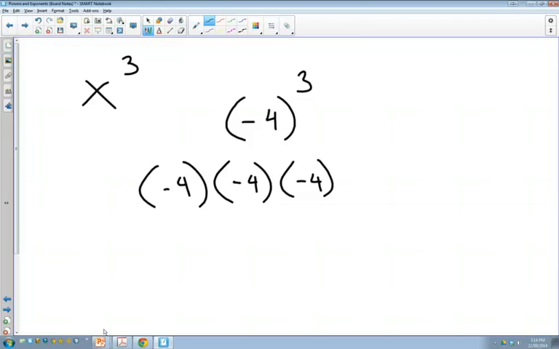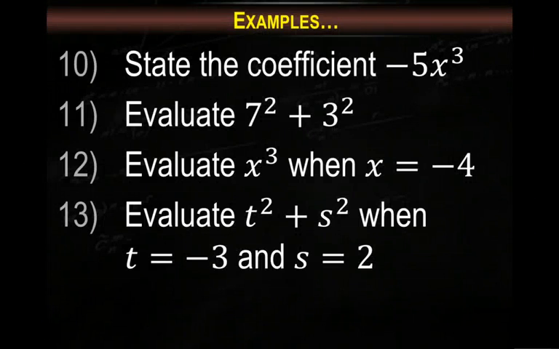Now that means 4 times 4 times 4. I don't even care what 4 times 4 times 4 is. The question is, what's the sign of the answer? Well, it's a negative times a negative. That's a positive. But then a positive times a negative, your answer is going to be negative. What the answer actually is, 4 times 4 times 4, doesn't really matter. You guys can do that one on a calculator. It's the sign that would have tricked you if you weren't paying attention.